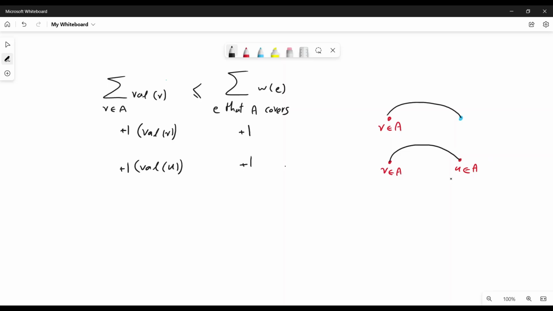So we do not count the edge in value of V because U is the posterior red neighbor of V, but we do count the edge in value of U.